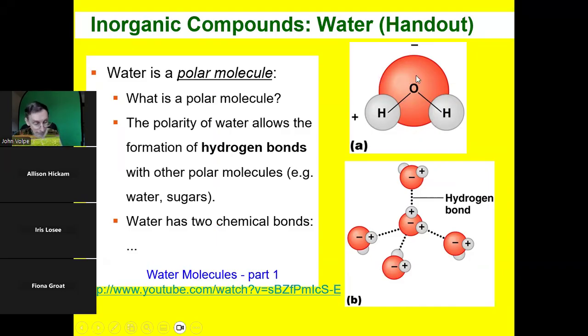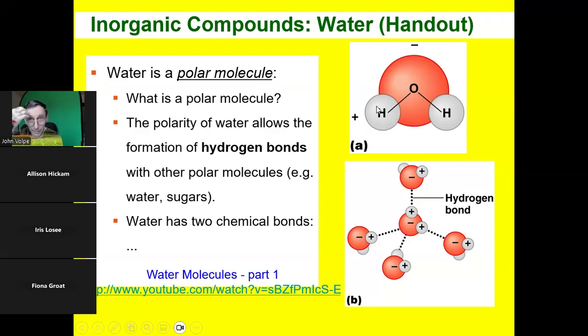The reason why water is a polar molecule is because the electrons in this chemical bond right here are not shared equally between the oxygen and the hydrogen. The electrons are pulled and spend a little more time around oxygen than they do around hydrogen, making the oxygen a slightly negative charge and the hydrogen a slightly positive charge.